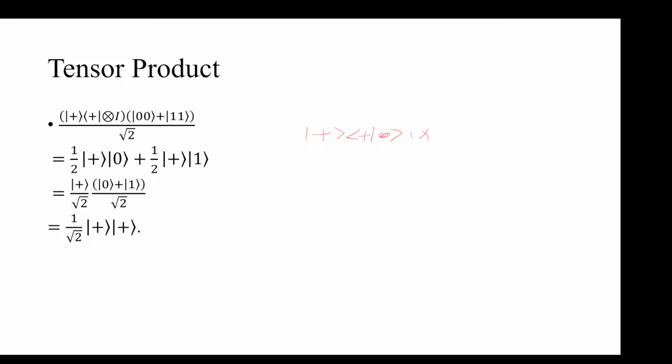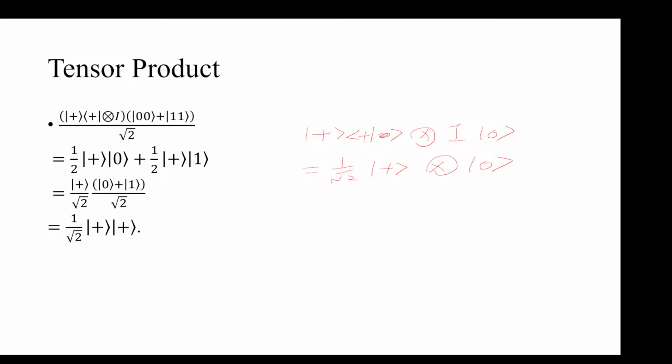this gives plus times the inner product of plus and 0, tensor identity on 0. The inner product of plus and 0 is 1 over square root 2, which is just a number. The first register is left with plus, and the identity acting on 0 is just 0.